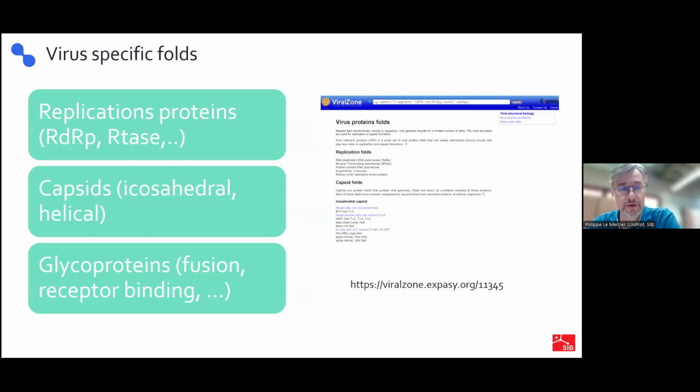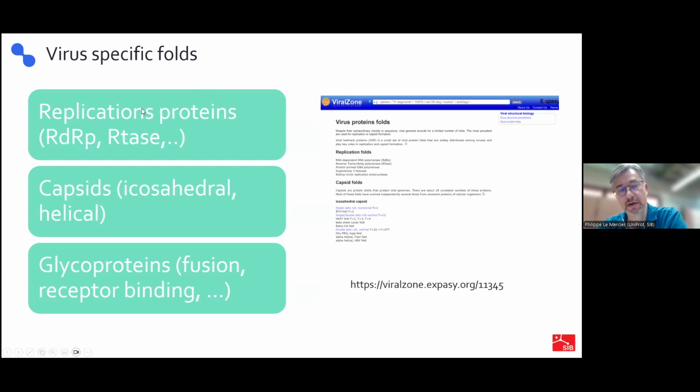So what are the virus-specific folds? We have different kinds of folds. We have replication proteins, which could be reverse transcriptase or RNA-dependent RNA polymerase, which are the most common, but many other proteins are made for replication.